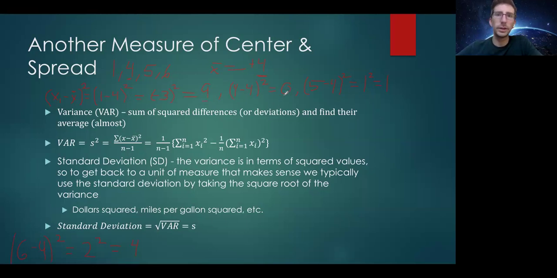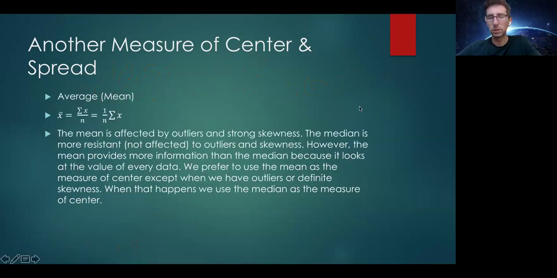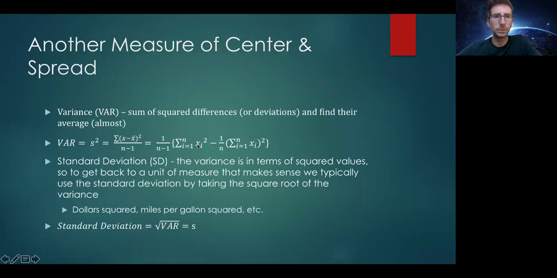Now we need to add each of these numbers together. I lost it. So we had 9 plus 0 plus 1 plus 4. We'll add all of this up and we'll divide it by the sample size minus 1.